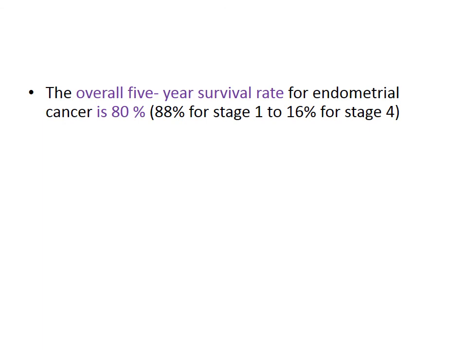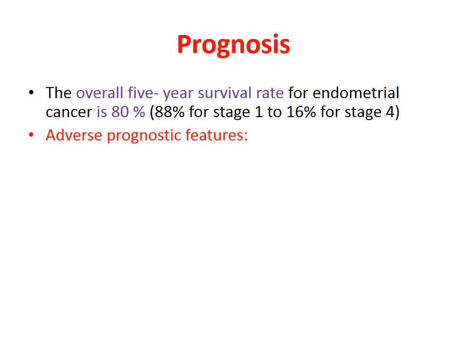What about the overall 5-year survival rate for endometrial cancer? It is about 80%, being 88% for stage 1 disease, but it is reduced to 16% for stage 4. What about the adverse prognostic features?